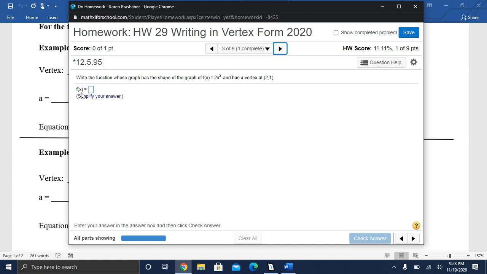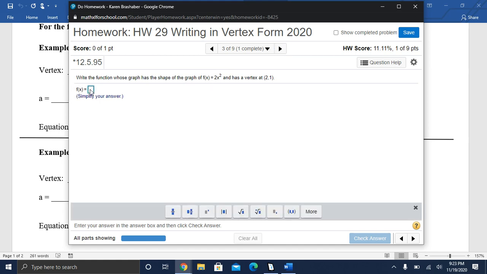This is one that already has the f of x equals. So I would just type in the 2, the parentheses, x, and I want to use the opposite sign of my x, so minus 2, close that parentheses. I've got to do my exponent. Remember, I told you that might be something you forget.